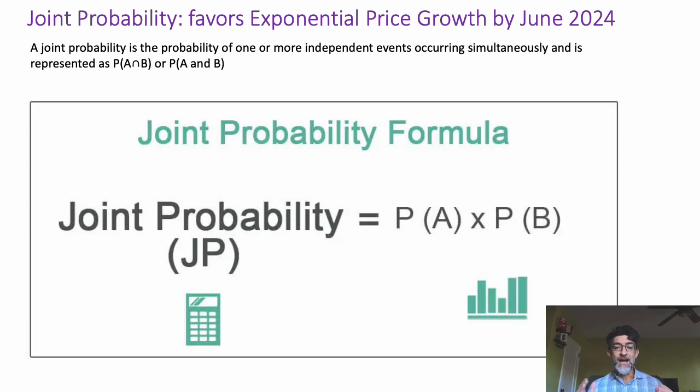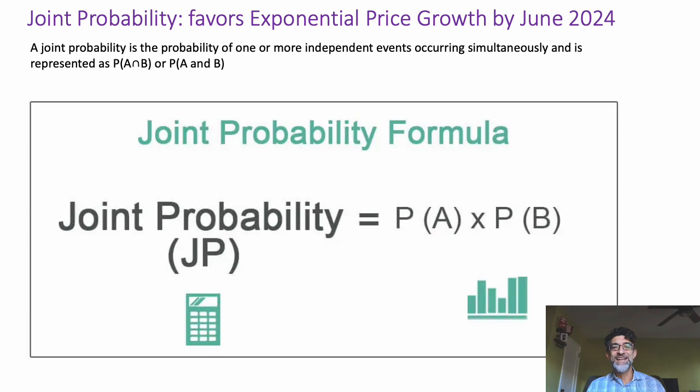And I think there's a high probability of all these events happening at once. I have another video for you, but my point is there's something called joint probability. That's when one or more independent events occur at the same time. And I think we can have all 3 or 4 events occurring at the same time, meaning the Bitcoin halving, a spot ETF, accumulation of Bitcoin, and there's one more I'm forgetting now.